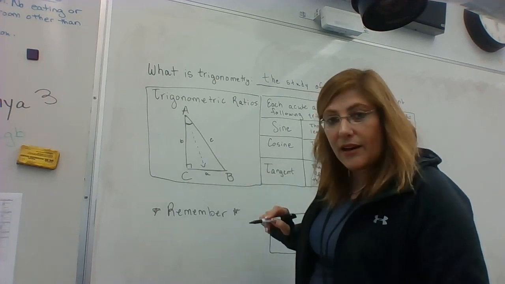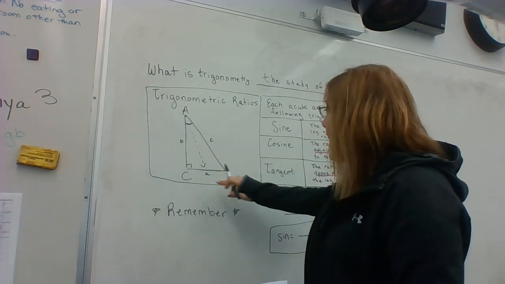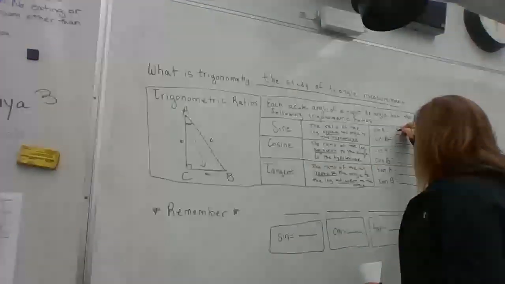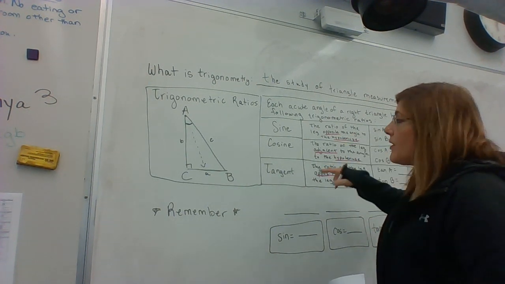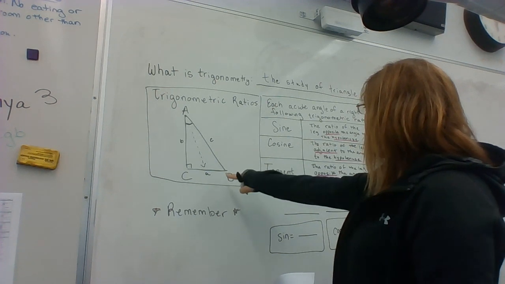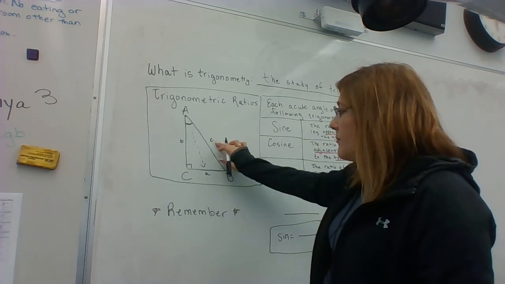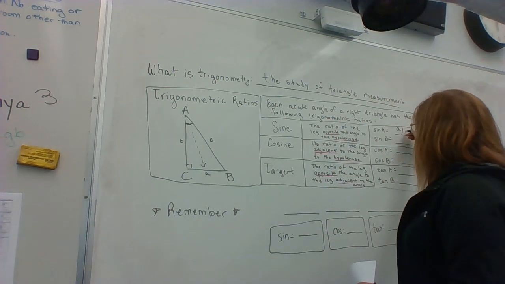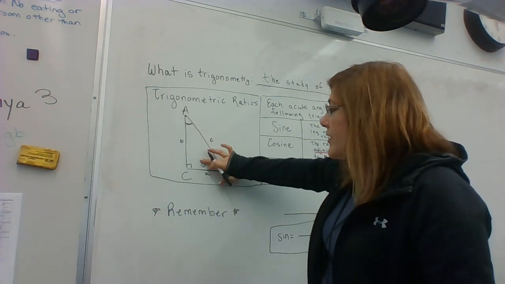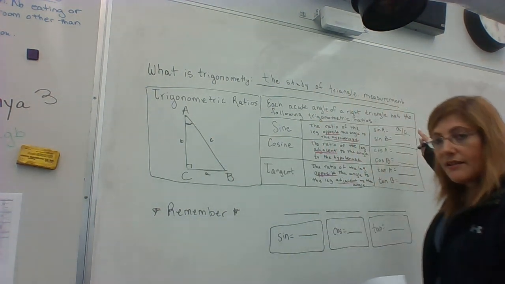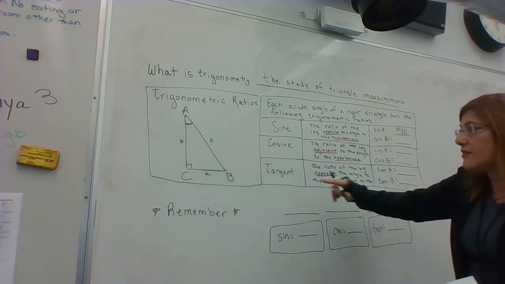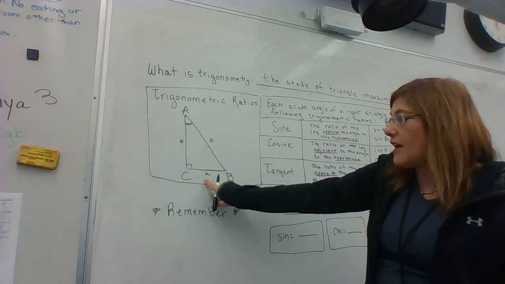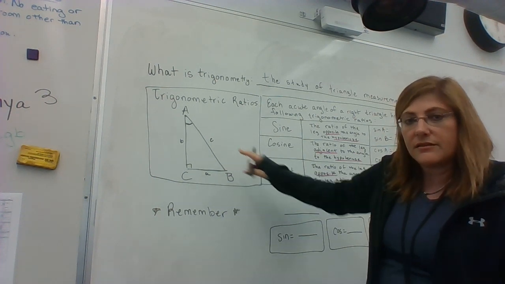See, we're pointing right opposite. So it's A divided by the hypotenuse. So it says ratio of the leg opposite the angle to the hypotenuse. The hypotenuse is going to be C. So over here it says A divided by C. Sine of A, sine of this angle, gives us A over C.